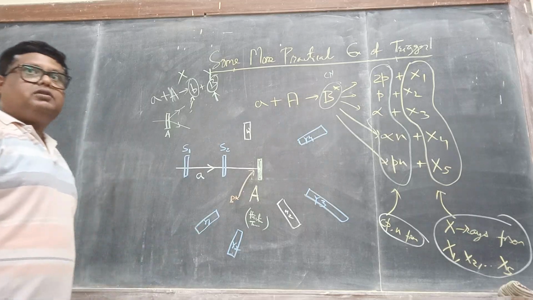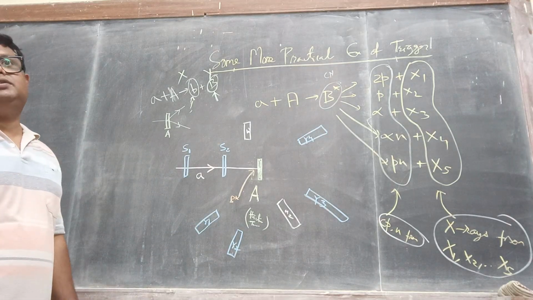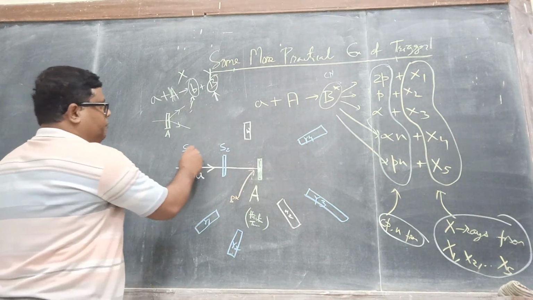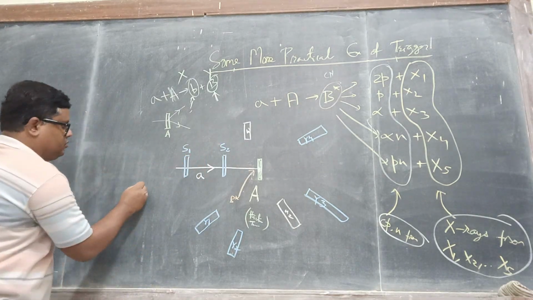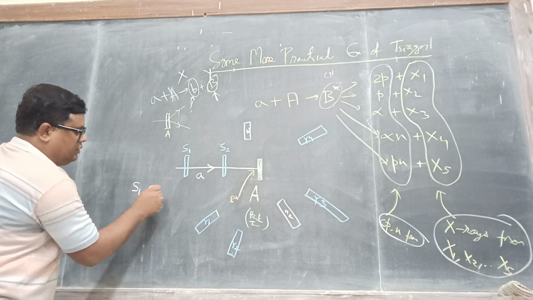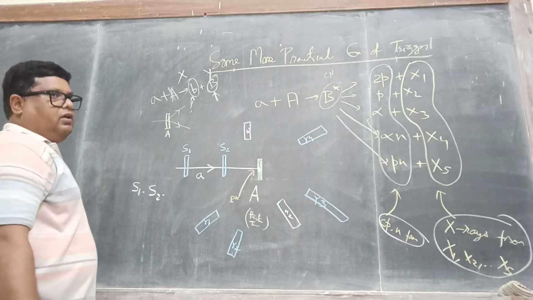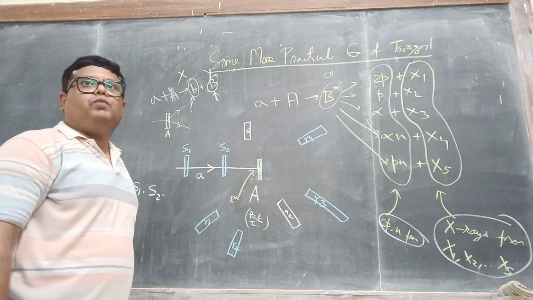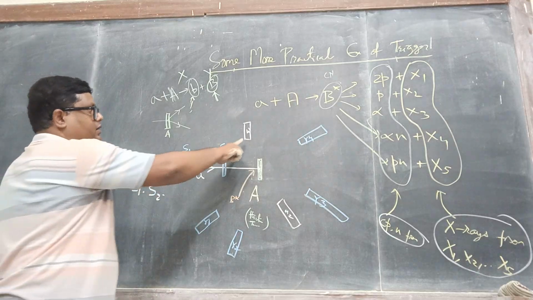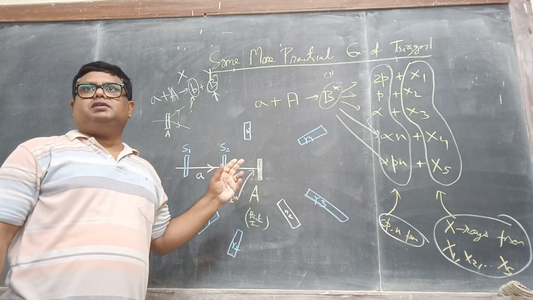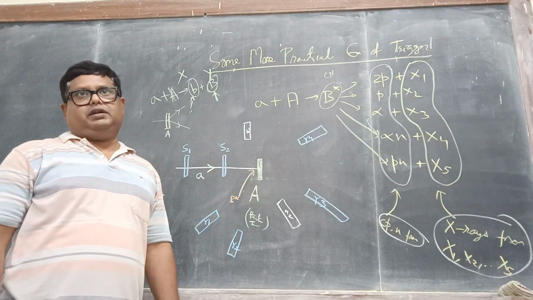So what will be the coincidence? What are the various possible triggers? This time, suppose I have the beam defining counters S1, S2. So the trigger will be S1 dot S2. Next, what will be the trigger? Suppose I am interested in an event where we want to detect something in coincidence with a neutron detector.